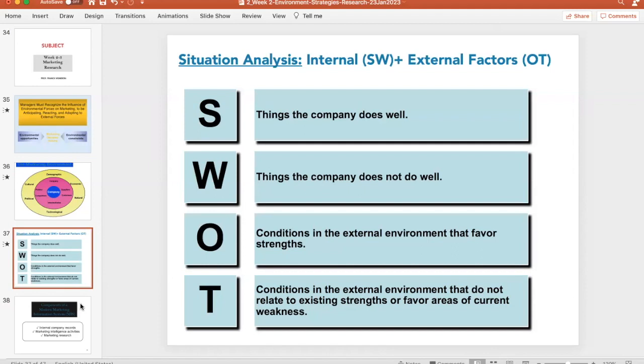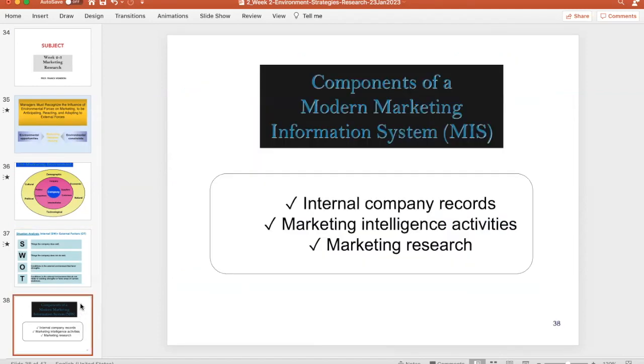But there are different methods of doing research, different types of research, and different locations for looking for information. First, the company can do research by looking at their own internal databases. How many did we sell? Who did we sell it to? When did we sell it? What was different about the product?